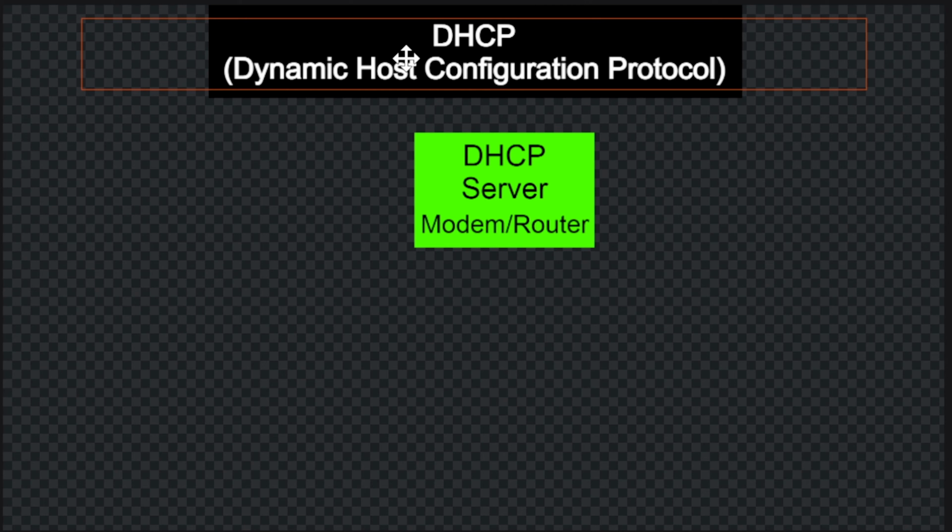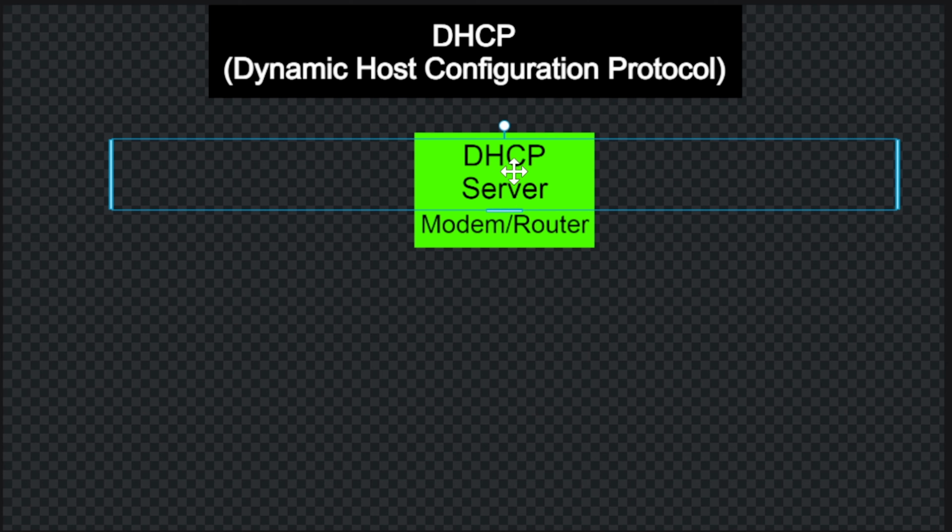But let's just go with the home setup, where if you connect to Wi-Fi, you get an IP address from the DHCP server, which in this case is your modem or router, so it can access the internet. The main purpose of getting an IP address is to be identified on a network. In this case, the network is the internet.